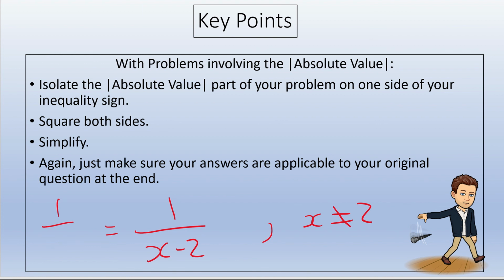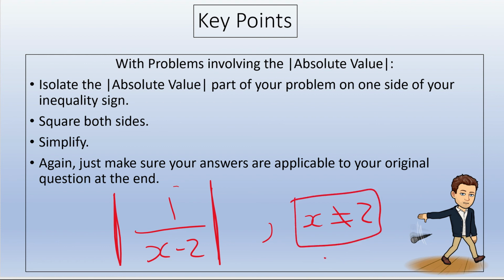And of course 2 minus 2 is 0, and that fraction would not exist. So if you ended up with your bars either side, and you got an answer like x is equal to 2 at the end, you had to make sure that you disregarded that number because of what's said up here. So that's what I mean by the last line here.